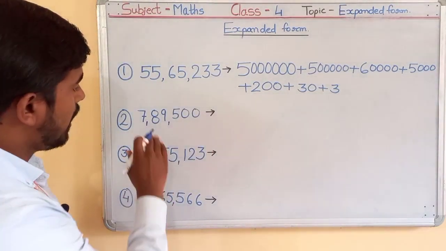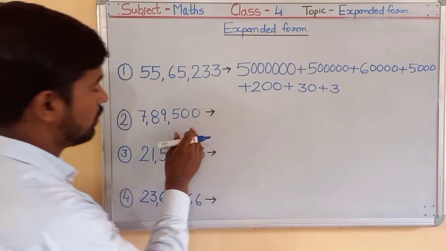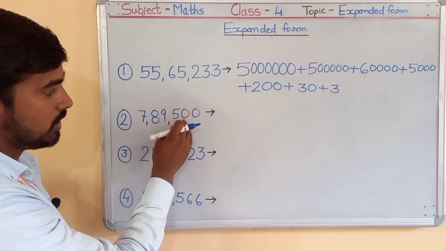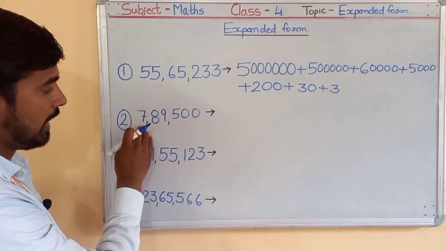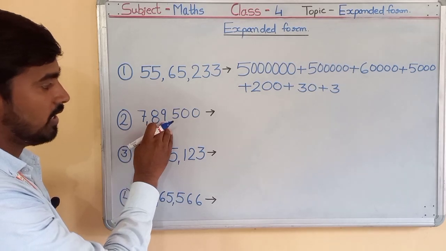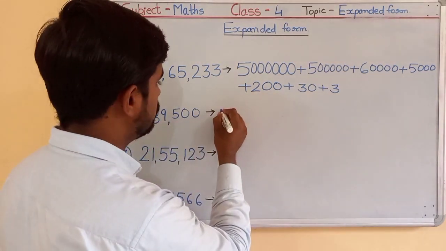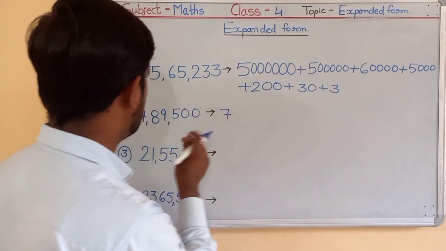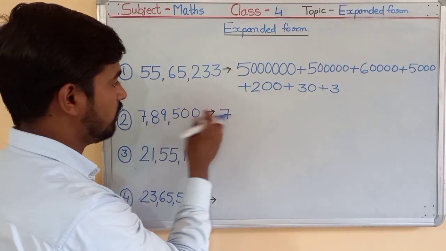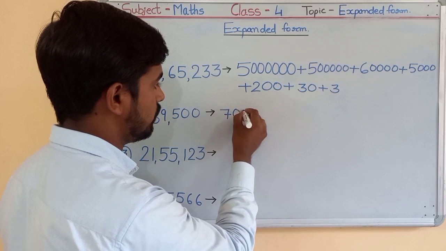Now come to this number. Read the number. Ones, tens, 100, 1000, 10,000, lakh. 7,89,500. Okay, children. Write the place value. 7: count the digits, 1 2 3 4 5. Place 5 zeros behind the 7.